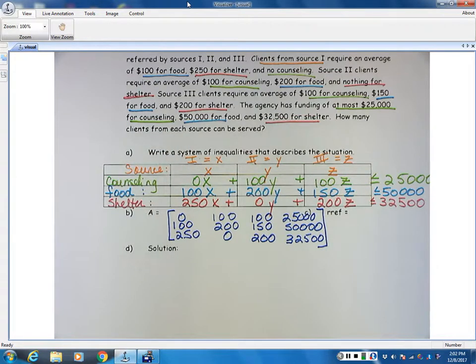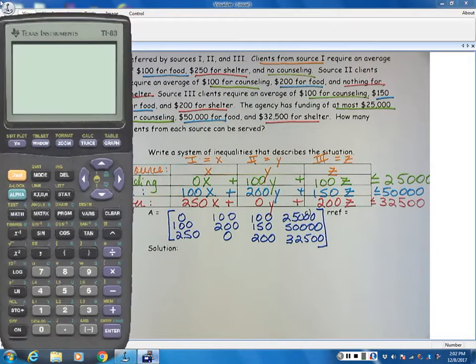And then we're going to have to get the reduced row echelon form of that. So this time we have a 3 by 4 with the entries 0, 100, 100, 25,000, 100, 200, 150, 50,000, 250, 0, 200, 32,500.